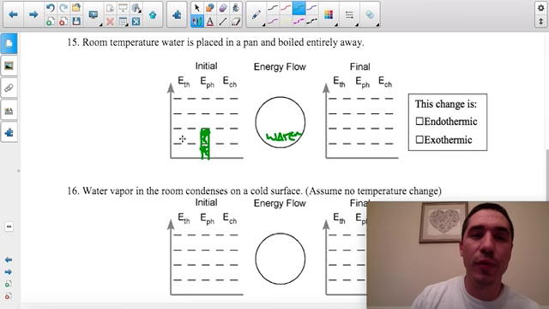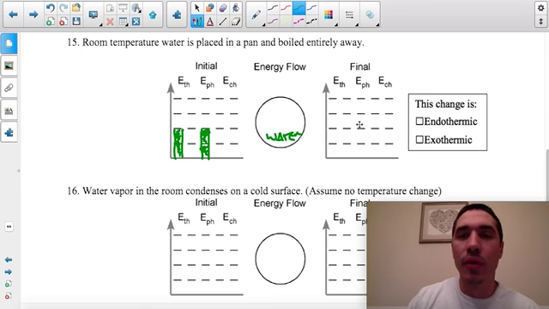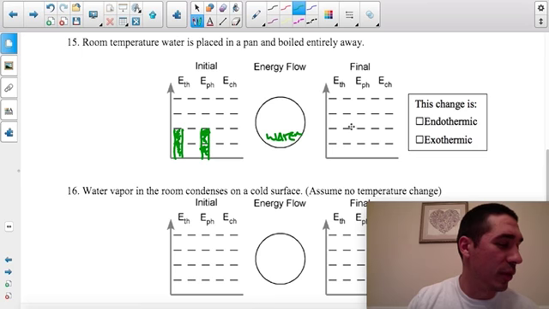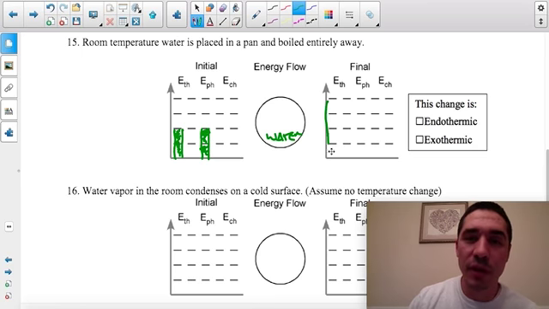For the thermal energy, at room temperature, we normally give just 2 bars of energy. Now, if we're going to boil it away, first of all I'm going to need to increase the temperature so that we get to the boiling point.